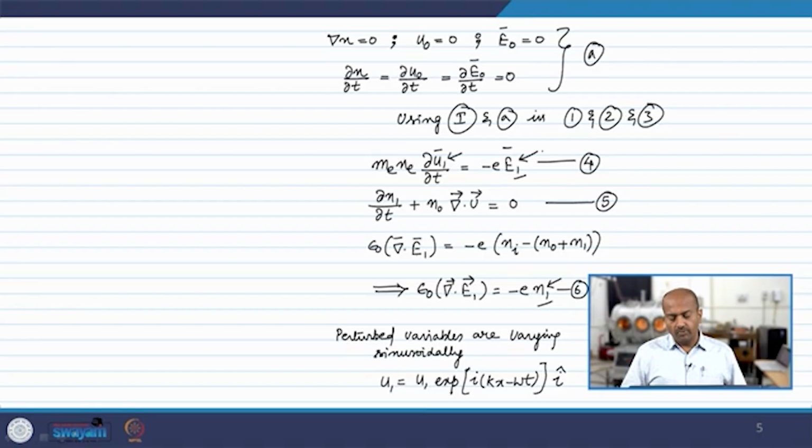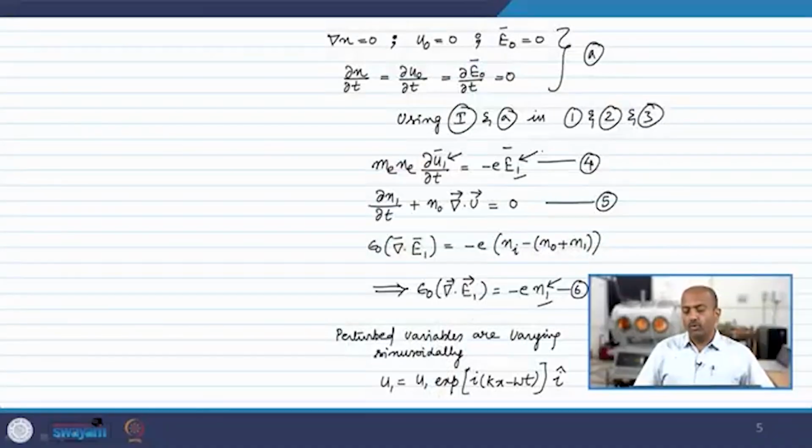Our choice of solution is one that will solve a differential equation, because a differential equation expects a solution which is exponential or sinusoidal in nature. That is why we have taken U1 equal to U1 exponential i(kx minus omega t), a sinusoidal solution. We will take the real values of this, but nonetheless the solution will be valid for equations 4, 5 and 6.